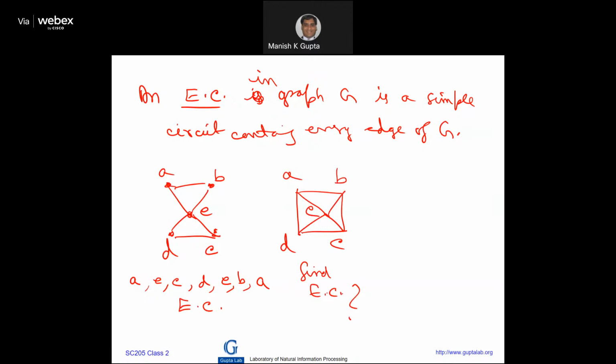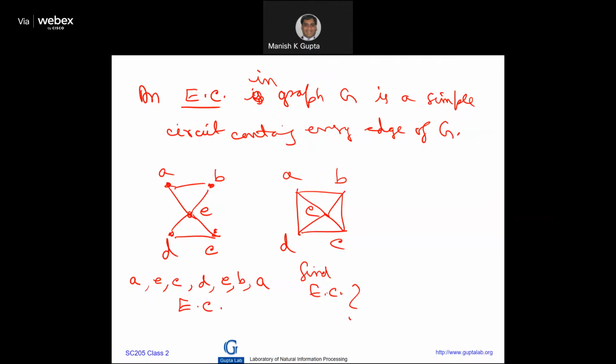Starting from a vertex, try to walk around the picture, right? So you will see that there is no such thing.